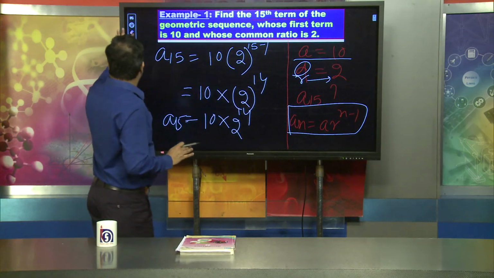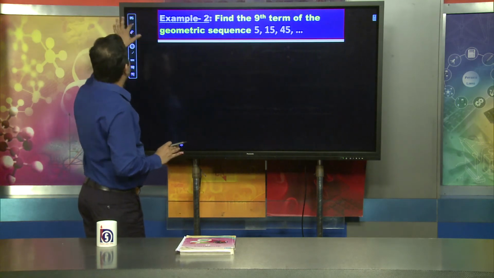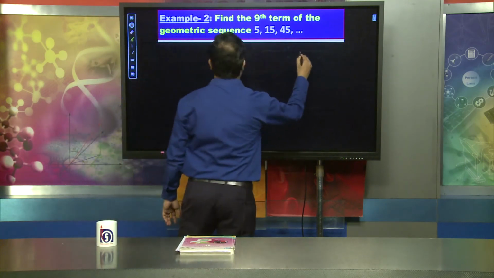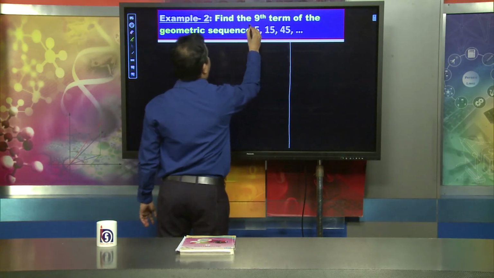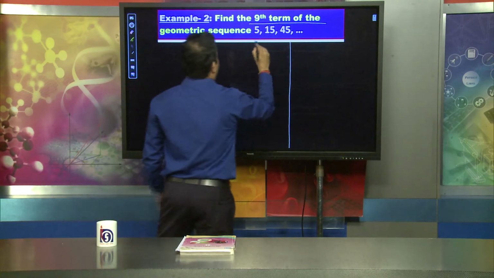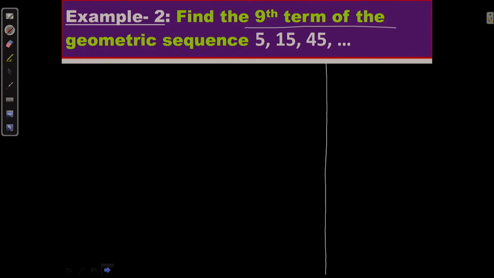There will be no problem as long as we understand the formula. Let us move to the next example: find the 9th term of the geometric sequence 5, 15, 45, and so on. First you have to identify that it is a geometric progression.